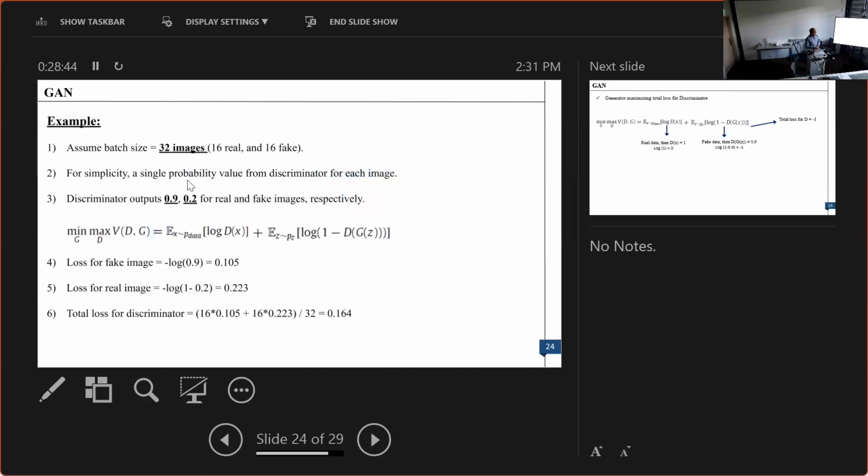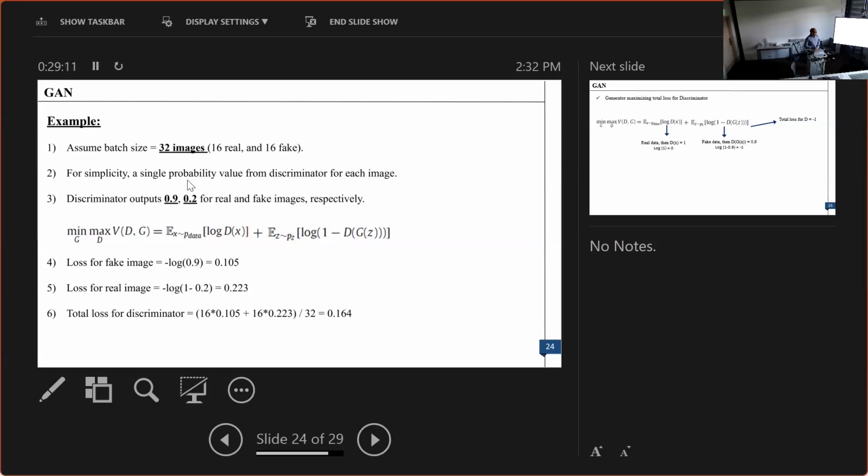So let's have another example. Suppose now we have a batch size of 32 images: 16 real images and 16 fake images. For simplicity, we can say the probability for real images is 0.9 and the probability for fake images is 0.2.